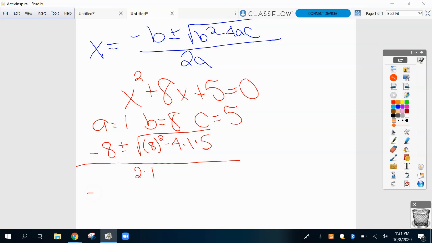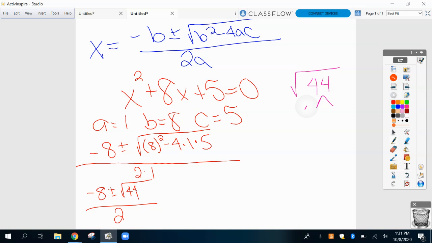Okay, and so we will get negative 8 plus or minus the square root of 44 all over 2. Then we take the square root of 44 in our calculator, and that gives us a big old long decimal, which means the square root of 44 is not a perfect square, and we therefore have to simplify the square root of 44.